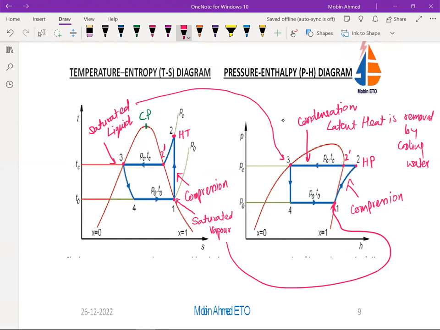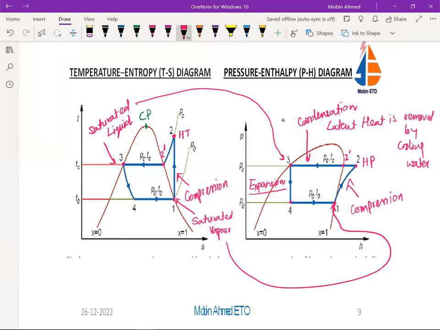Now, from 3 to 4, this was the condensation. Here I have written, now this part is known as expansion. It is going to expand, so volume is going to increase. Although the flow is going to be very less, the volume increases, it expands.